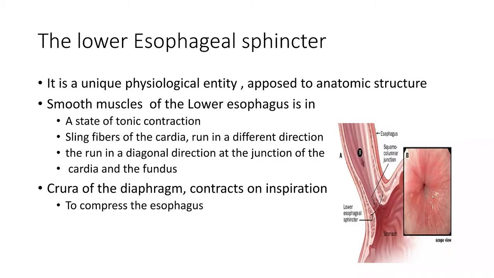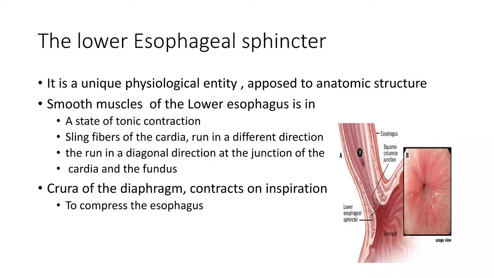In addition to that, we have the crura of the diaphragm. As you know, the esophagus passes from the posterior mediastinum into the abdomen via the diaphragmatic hiatus, guarded by the left and right crus of the diaphragm. And because it's part of the diaphragm, it will contract during inspiration in order to compress the lower esophagus.